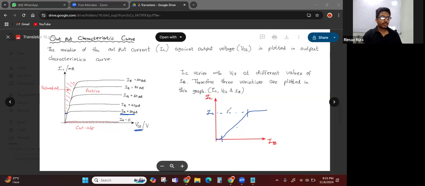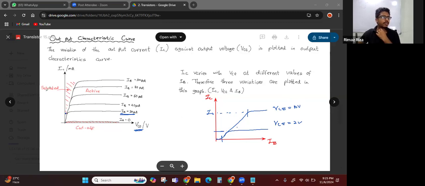That means it quickly saturates. Let's say this is for VCE something like 10 volt. Suppose if I keep VCE small, something like 2 volt, then the current will saturate very soon.